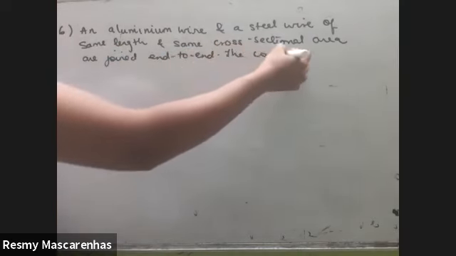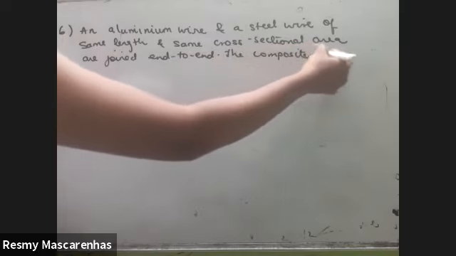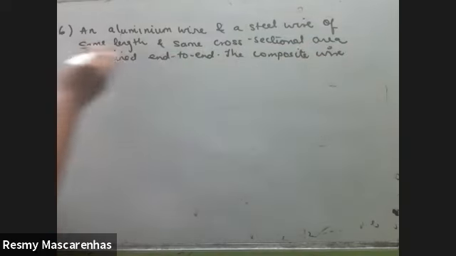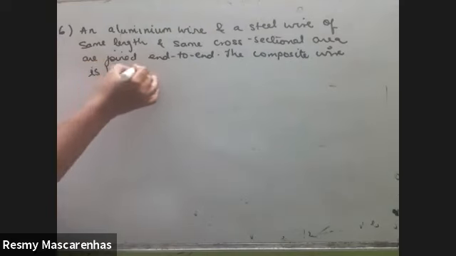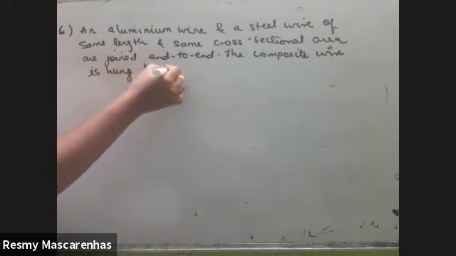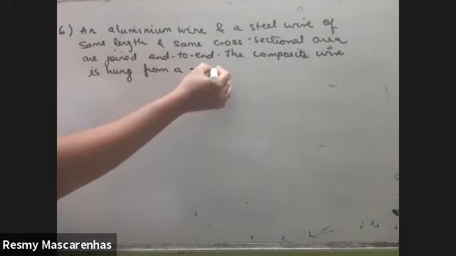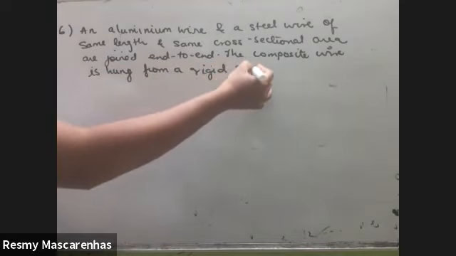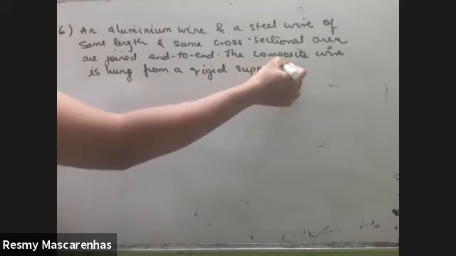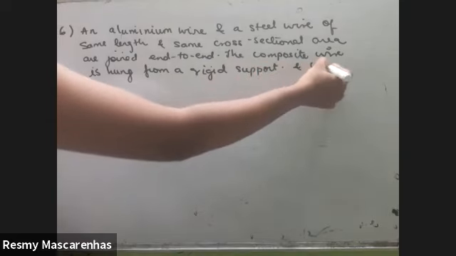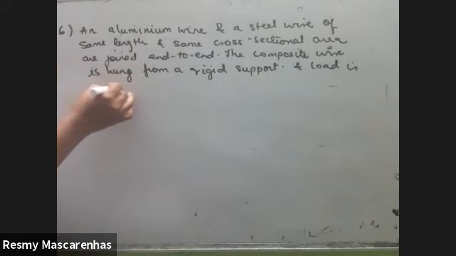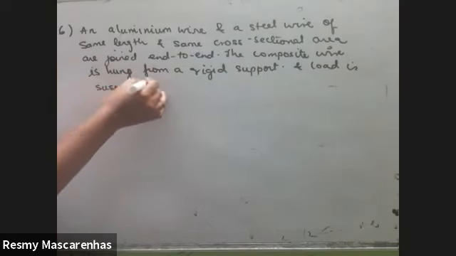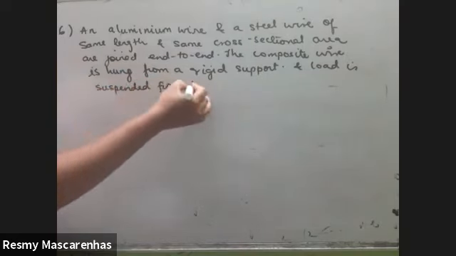The composite wire is hung from a rigid support, and a load is suspended from the free end.